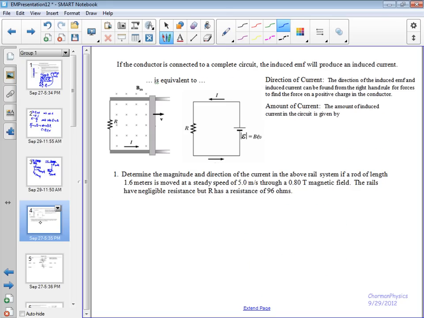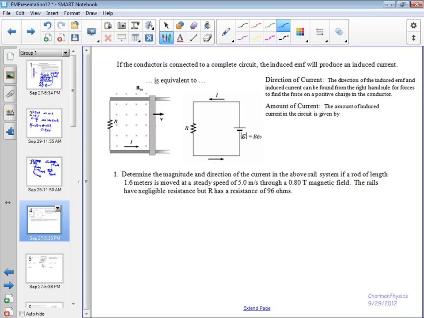Since this wire is moving in the same direction as it is in this example right here, the electrons are moving down. Remember, we talk about current as the flow of positive charge. If you don't remember that from last year, whenever we discuss current in a circuit, we're always thinking of it as the flow of positive charge. That is conventional current.